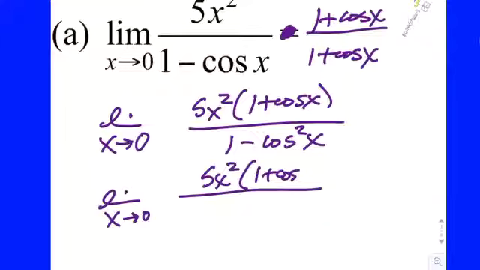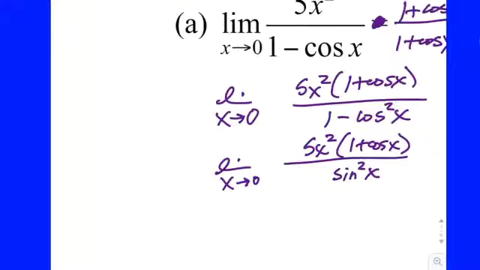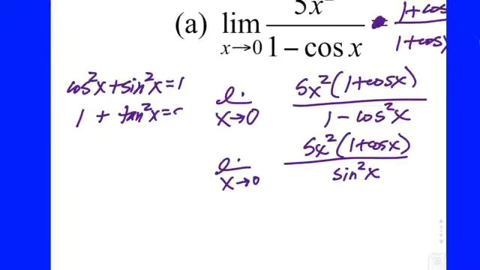So let's go ahead and quickly review the Pythagorean identities. They are on my home page, but here they are real quickly. Cosine squared plus sine squared equals 1. That's Papa Pid. And then 1 plus tangent squared is secant squared. And then 1 plus cotangent squared is cosecant squared. So make sure you still know those.